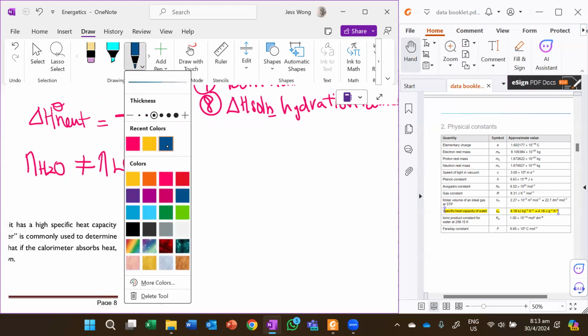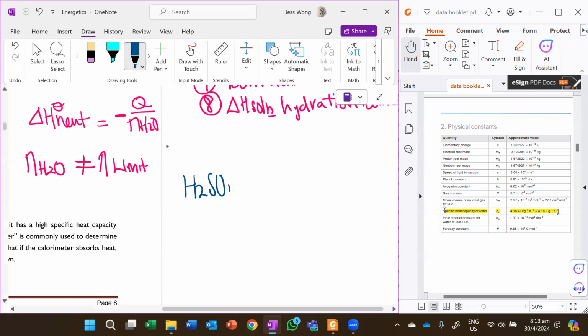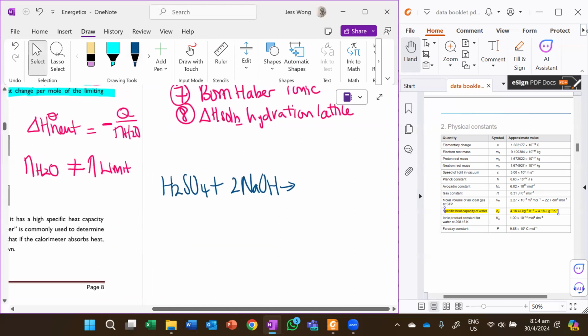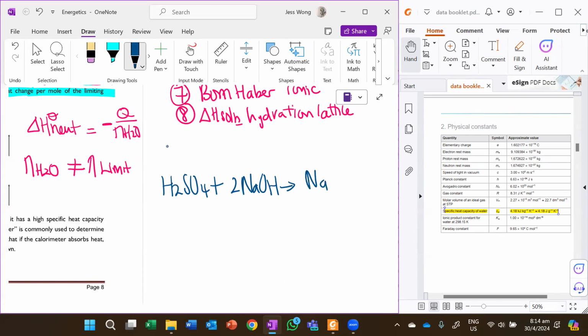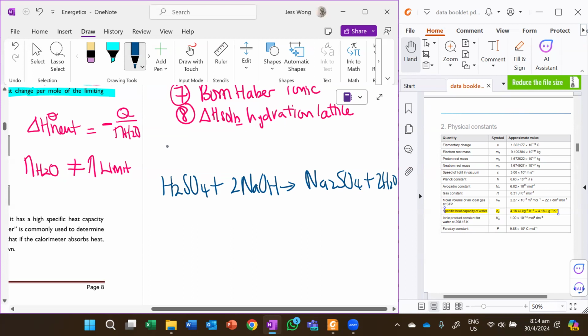So if I have this equation, firstly, I can't write the equation like this if it's a neutralization, because it should be based on per mole of water. So therefore, we will adjust it.